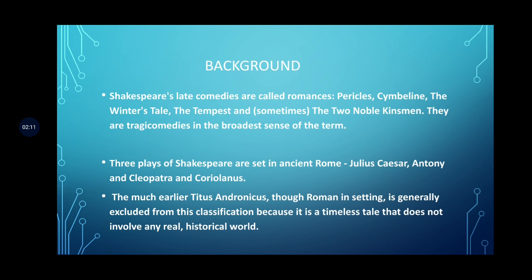Three plays of Shakespeare that are set in ancient Rome are Julius Caesar, Antony and Cleopatra, and Coriolanus. The much earlier Titus Andronicus, though Roman in setting, is generally excluded from this classification because it is a timeless tale that does not involve any real or historical world.